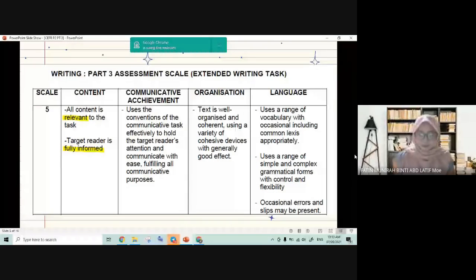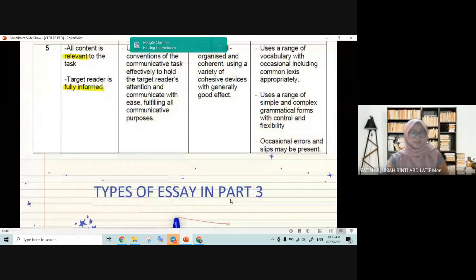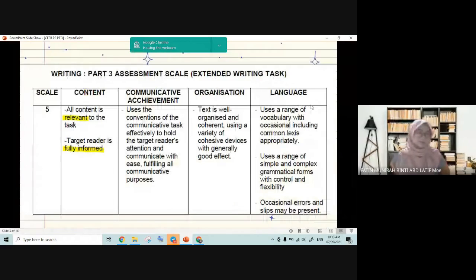So for this one, okay. Next is communicative achievement. Okay, meaning whether your essay, sama ada essay awak tu sampai ke tak. Okay. For example, here it says that communicative achievement use the convention of communicative tasks effectively to hold the target reader attention.